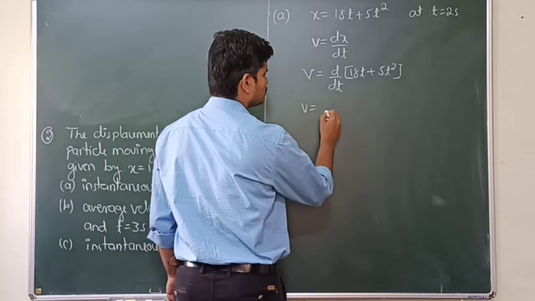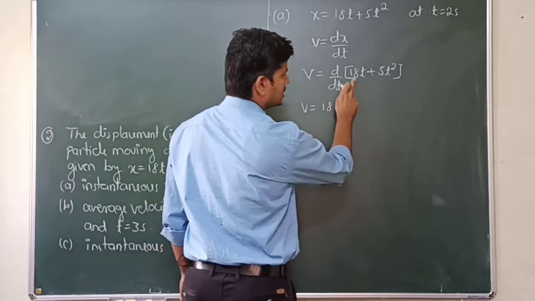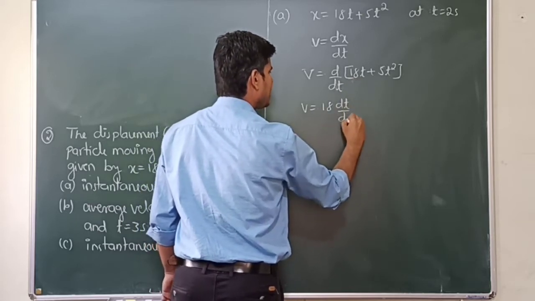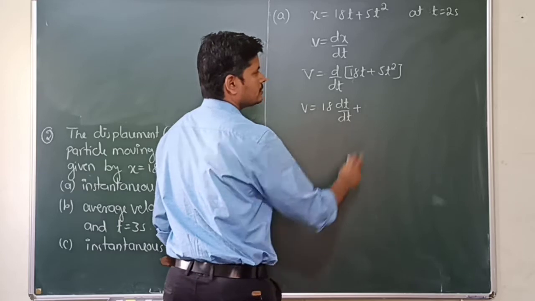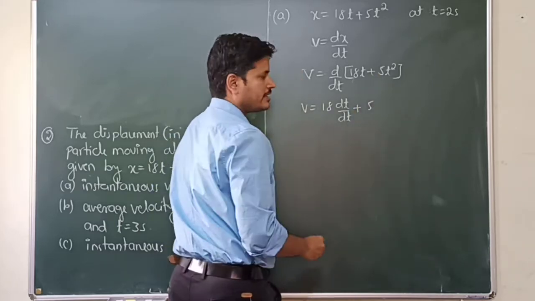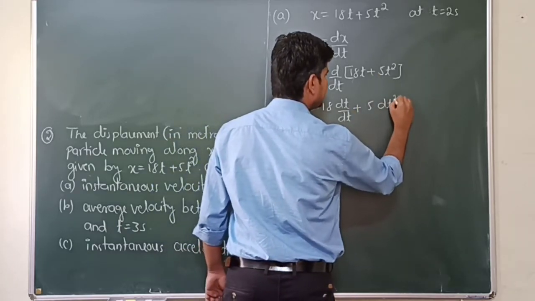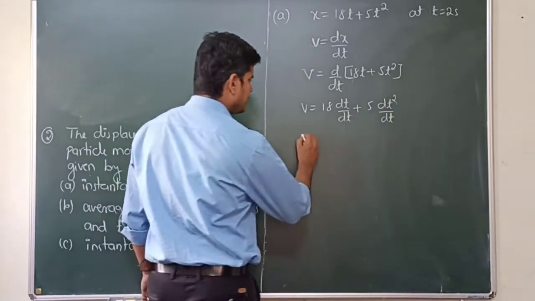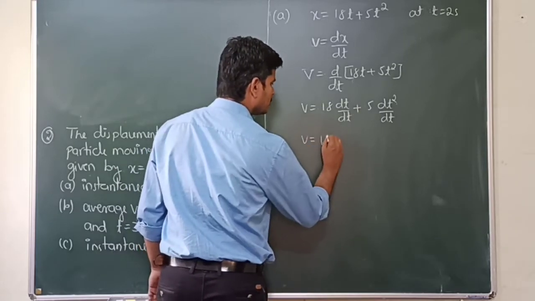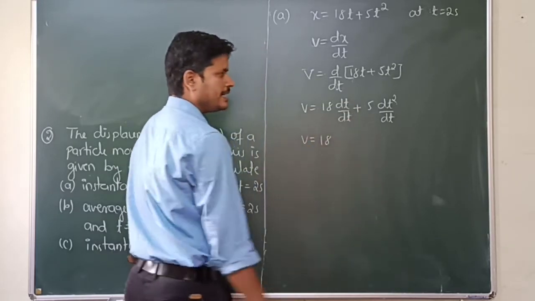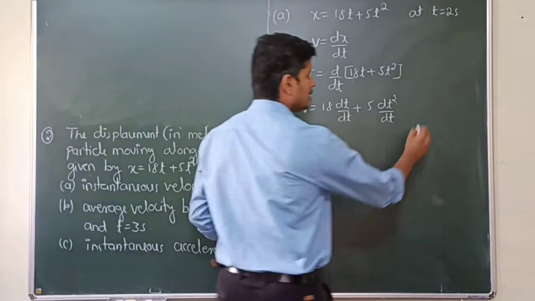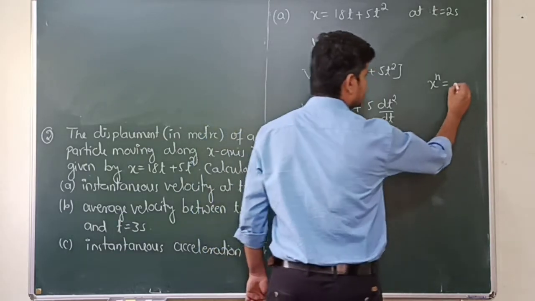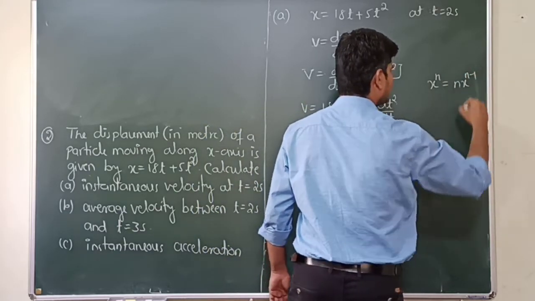Then v is equal to 18, which is a constant, times the differentiation of t, that is dt by dt, plus 5, take it out from the differentiation, times d t square divided by dt. Correct? Next, apply the rule for differentiation of x raised to n, which is n x raised to n minus 1.